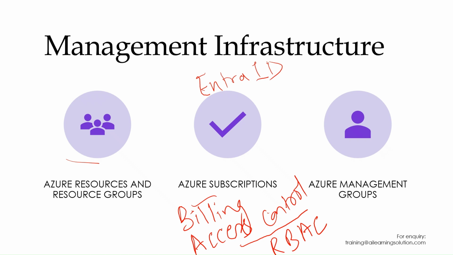Suppose your organization has departments like finance, HR, and IT. You can assign each department its own subscription and custom access rules. For example, finance gets access to cost management tools, while IT has full control over the infrastructure resources. So you can think and plan accordingly.